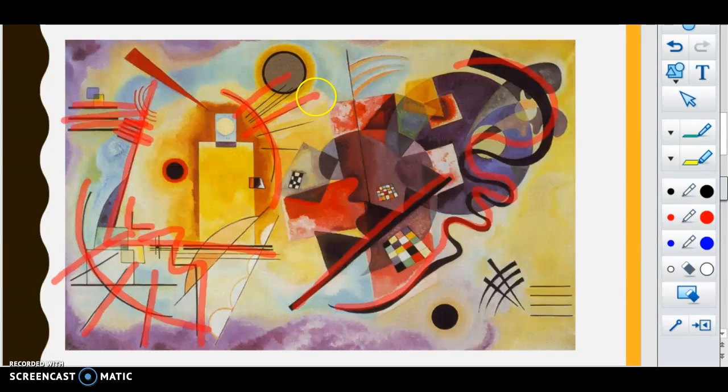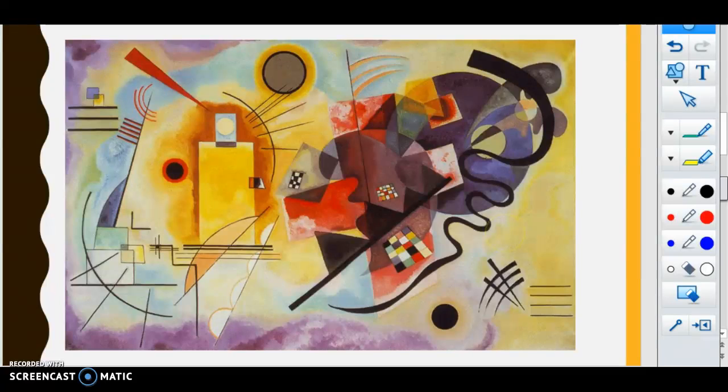So there's curved, there's diagonal, there is a bunch of varied ones because Wassily Kandinsky tended to do whatever line he felt fit best at that moment, at that spot. I see a lot of horizontal, a lot of vertical lines, which is really interesting.